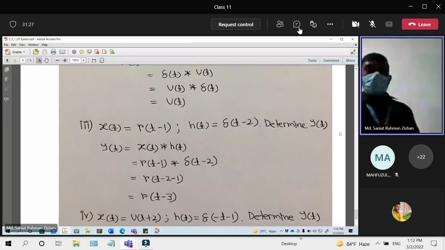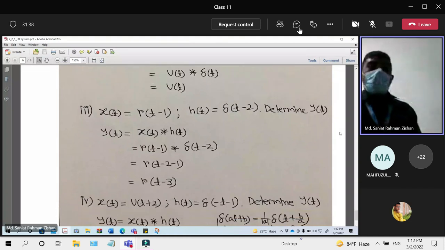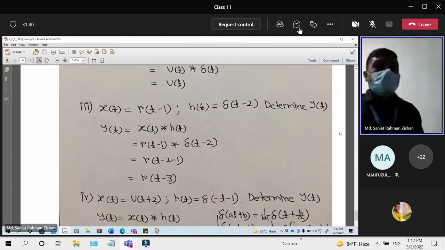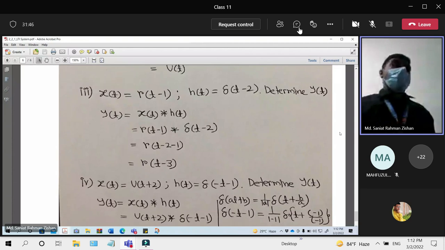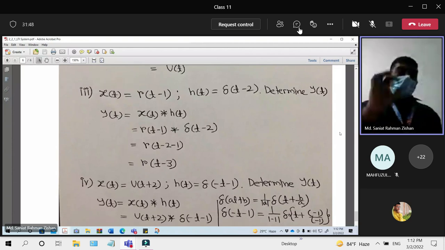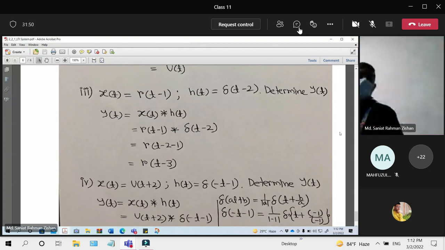Again, the question is the same, determine y(t). Again, we can understand this one is an LTI system because h(t) is given. So we have applied the formula x(t) convolution h(t). Then we have dropped the value of x(t) and the value of h(t). But now there is a problem.